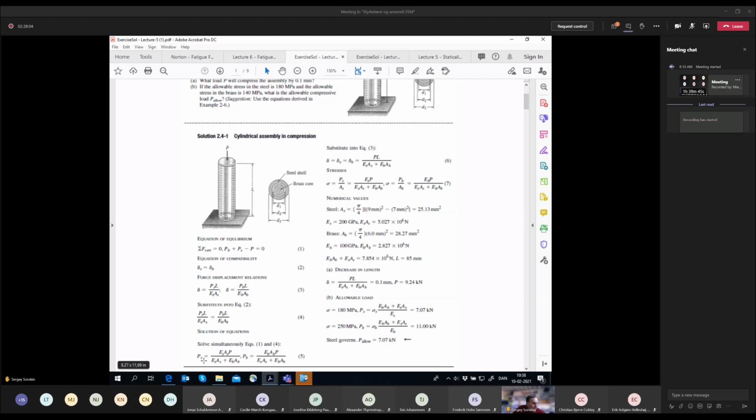You just take this PS from the first equation in equation 5, substitute it into the first of equations 3, and you've got the result. Then you take the second one, substitute it into the second, and of course you get exactly the same result. So this equation 6 is a kind of sanity check.